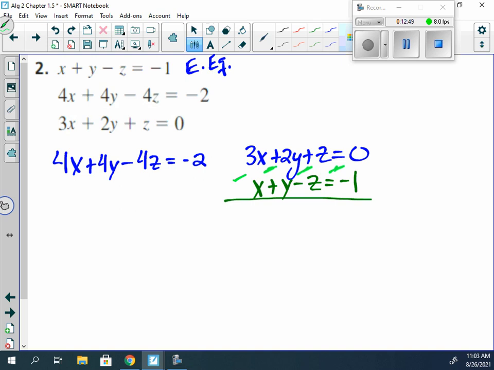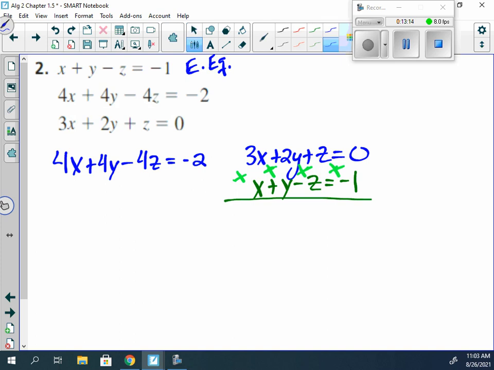A negative and negative make a what? So that'd be Z plus Z, which is 2Z. We want it to be what? 0, yes? So, okay, we wouldn't subtract, we would add, because Z plus negative Z, or Z minus Z, 1 minus 1 is 0. That's what we want.